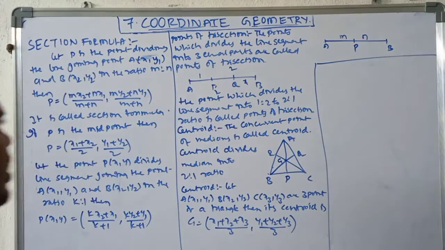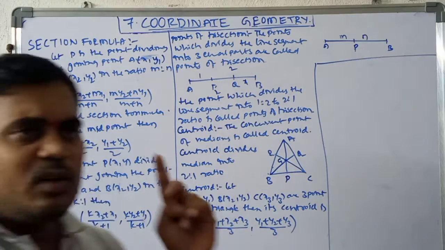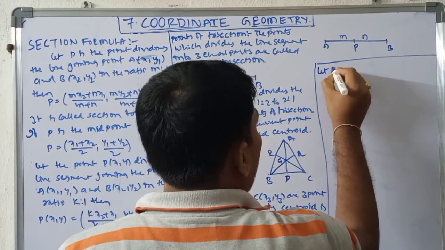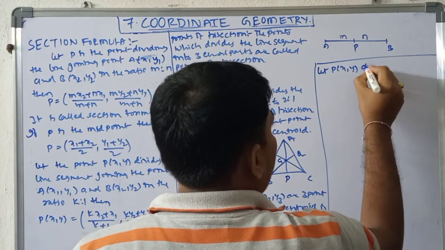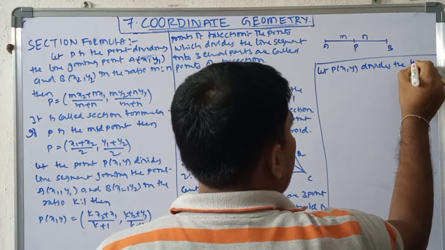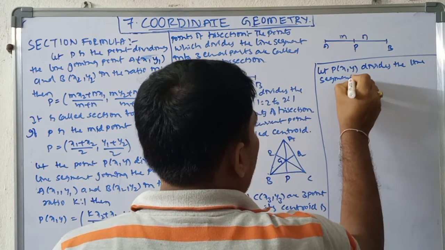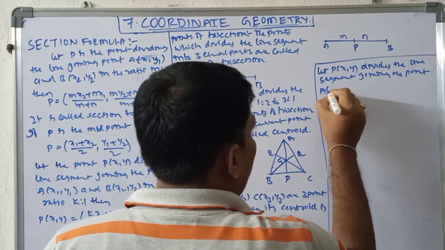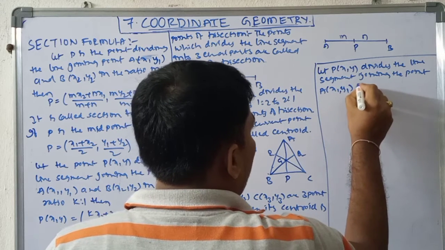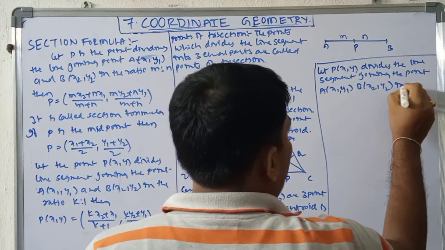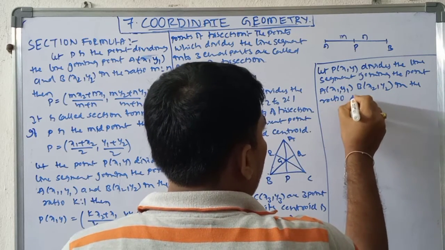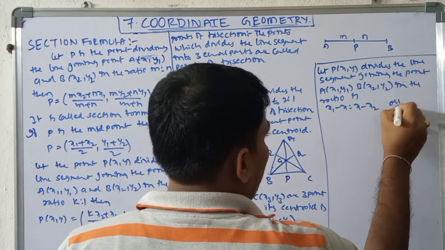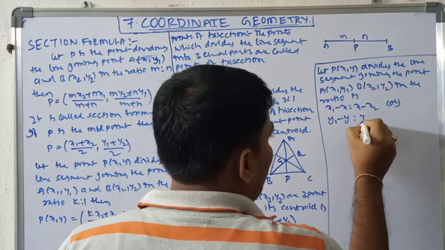Okay, next. If we need a ratio when two points are given and the dividing point is also given: let P(x, y) divide the line segment joining the points A(x1, y1), B(x2, y2). Then the ratio is x1 minus x is to x minus x2, or y1 minus y is to y minus y2.